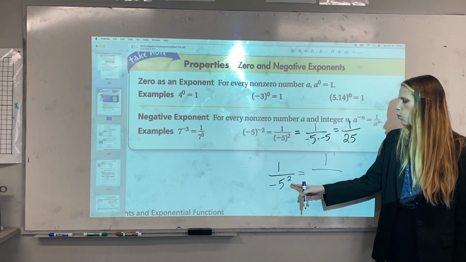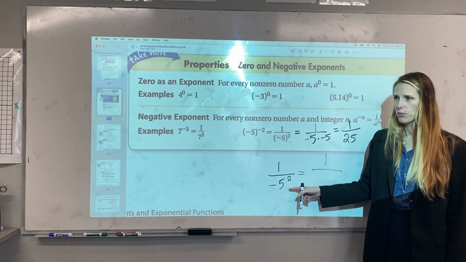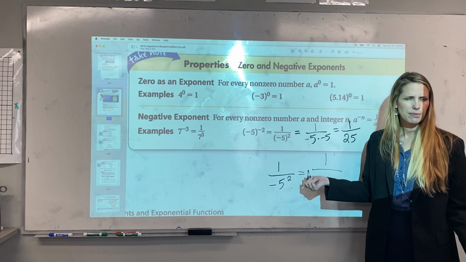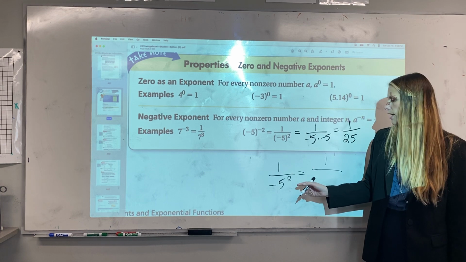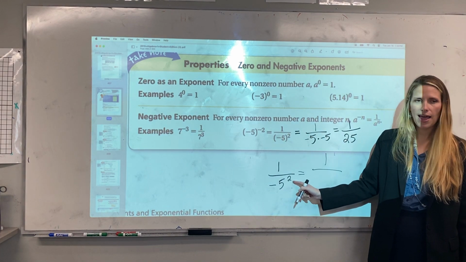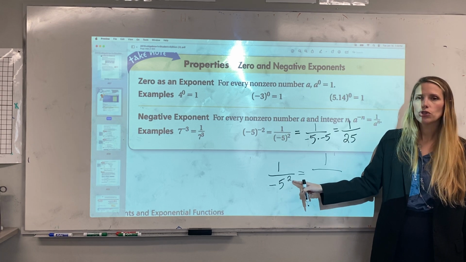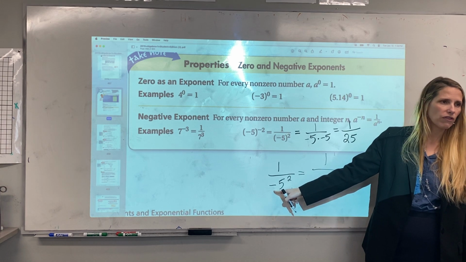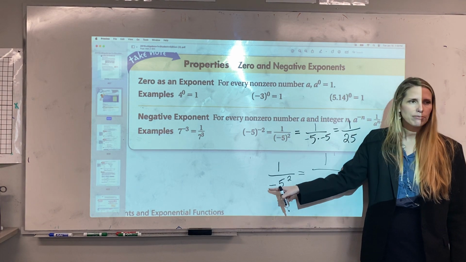Right. So what we're actually seeing here is a battle of order of operations. They're kind of fighting over which one goes first. There is the operation exponent, and there's also the operation of multiplication. So this is 5 squared times a negative. That's the order of operations. 5 squared, which is 25, times a negative.